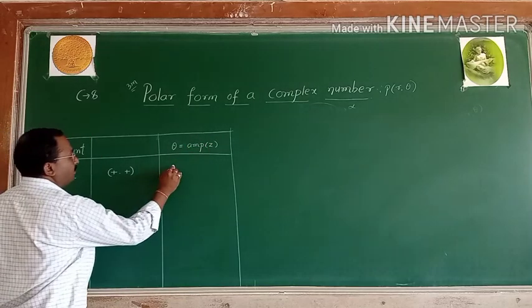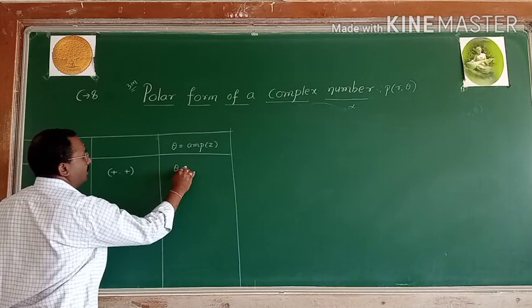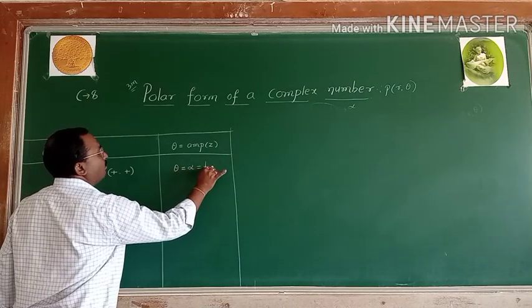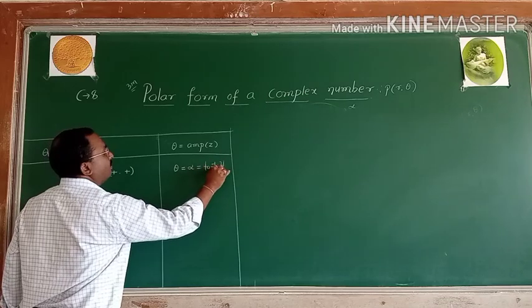In the first quadrant, theta represents alpha, meaning tan inverse of the modulus of y by x.